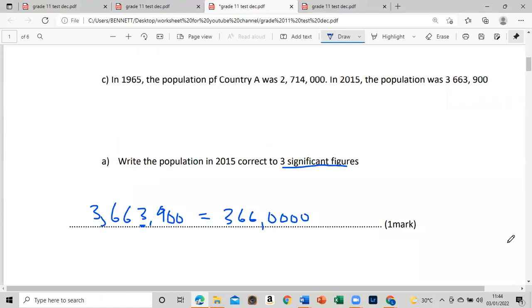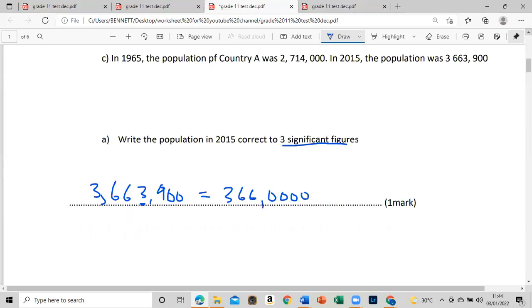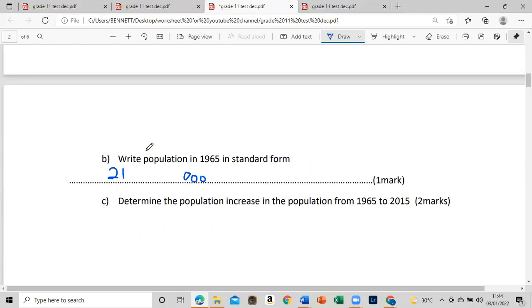That will go 2714, so it's 2,714,000, right? Now, significant figure, let me just put a different color.